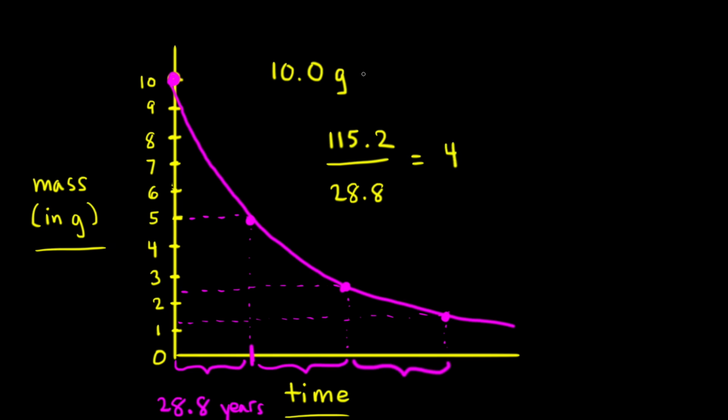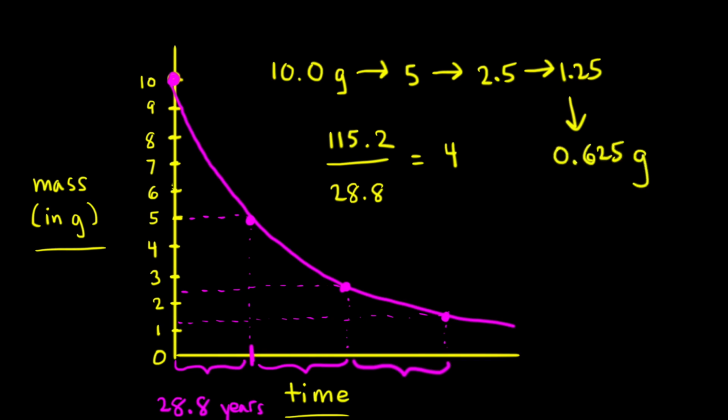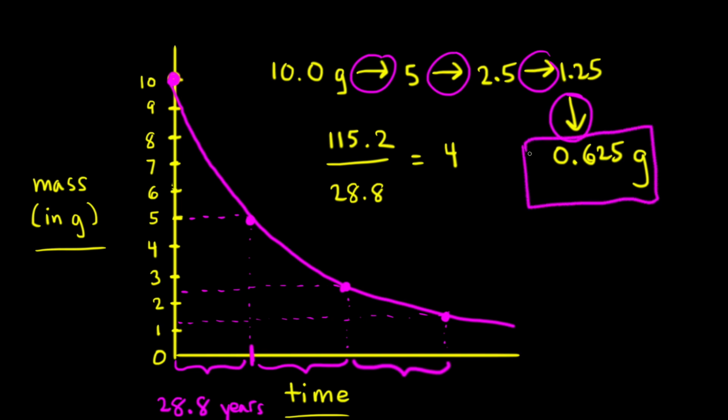One approach would be starting with our 10 grams, and one half-life takes us to 5 grams, another to 2.5, another to 1.25, and then one more half-life takes us to 0.625 grams. So just doing the problem this way, we can see that's 1, 2, 3, 4 half-lives. Our final answer is 0.625 grams remain after 115.2 years.